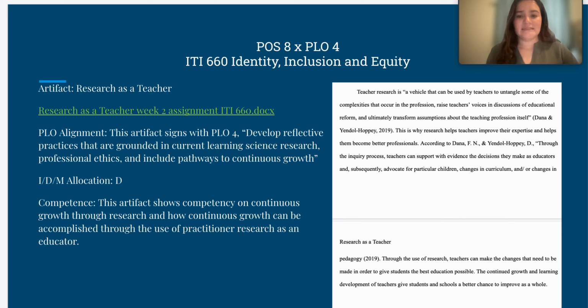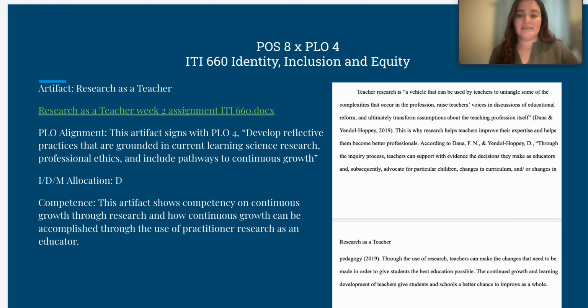The next one was ITI 660, Identity, Inclusion, and Equity. And for my artifact, I chose research as a teacher. This was basically a research paper that was done to further investigate teacher research. In this paper specifically, I had to find peer review articles to further learn about teacher research and practitioner research.